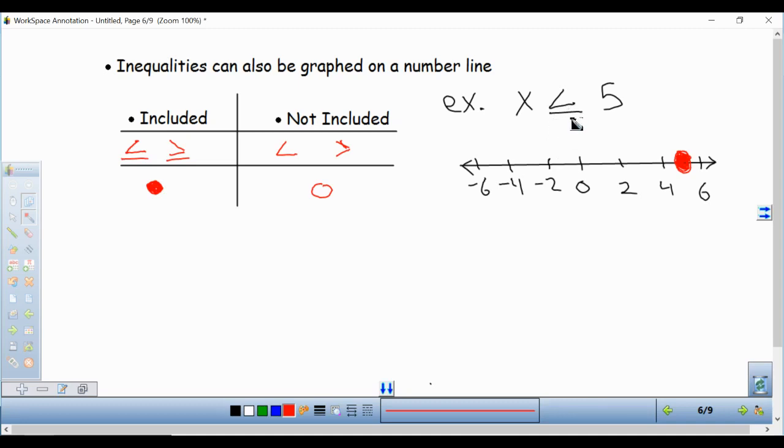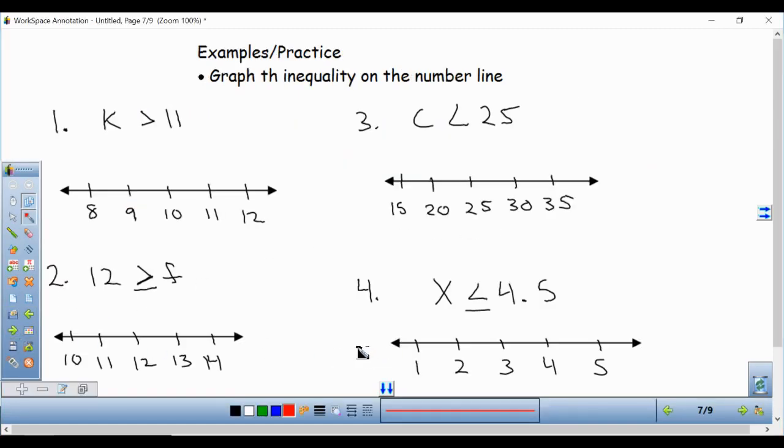X can be any number less than or equal to 5. So can it be 4? Yes. 3, 2, 1, 0, negative 1, negative 2, and so on. So we are going to shade the number line in the direction of all the numbers that X can be. We do not shade 6 because X cannot be 6. If X is less than or equal to 5, 6 is not less than or equal to 5.